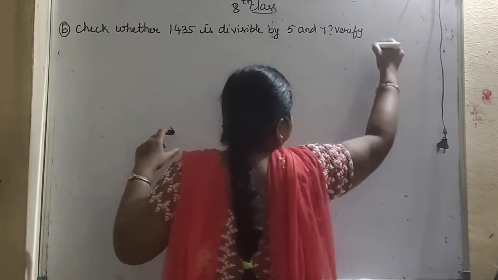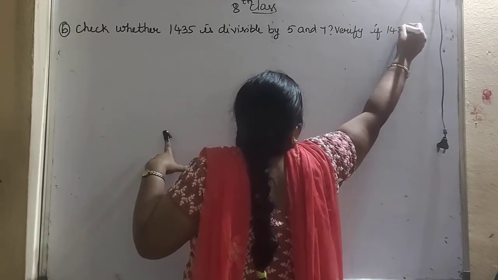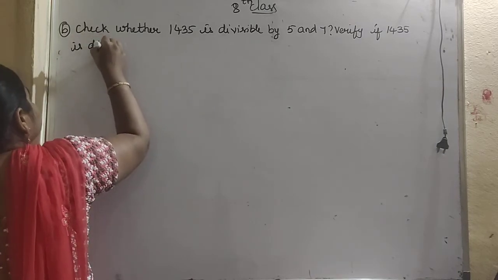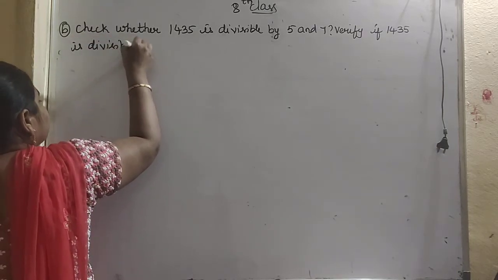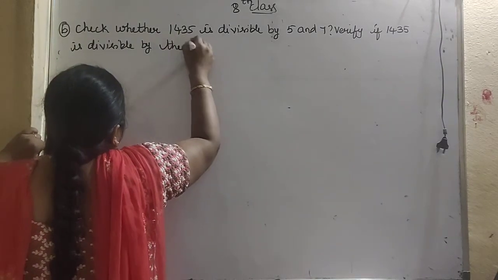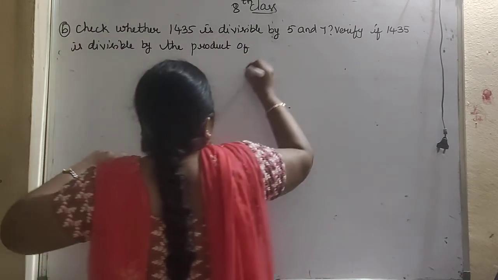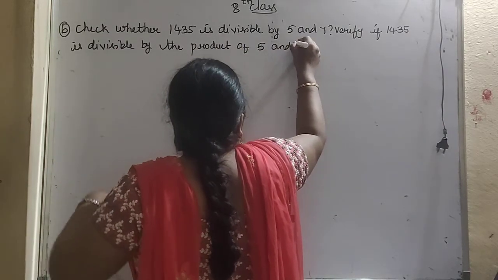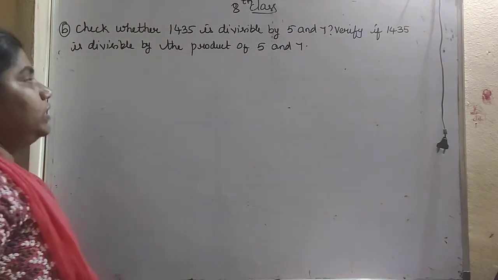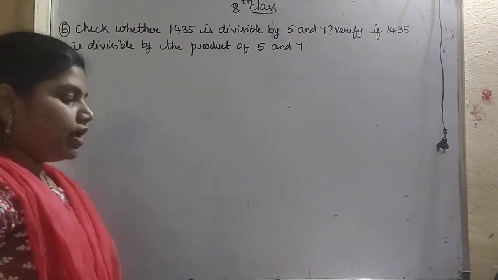Verify if 1435 is divisible by the product of 5 and 7. So if you multiply 5 and 7, with that result, we have to find whether 1435 is divisible or not.